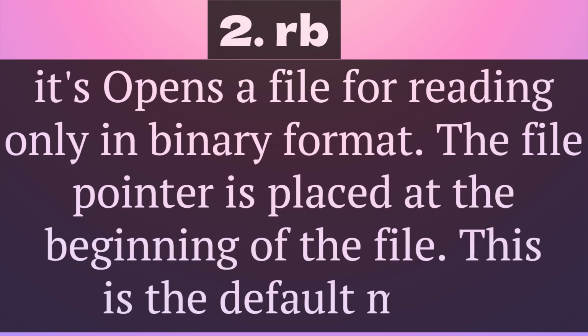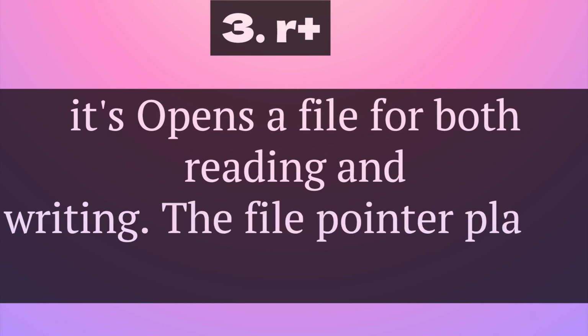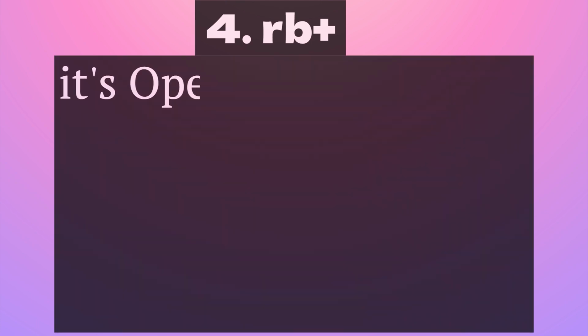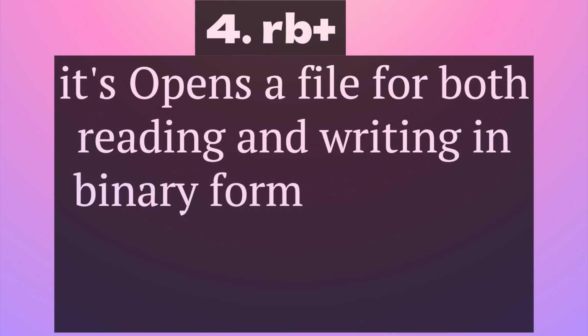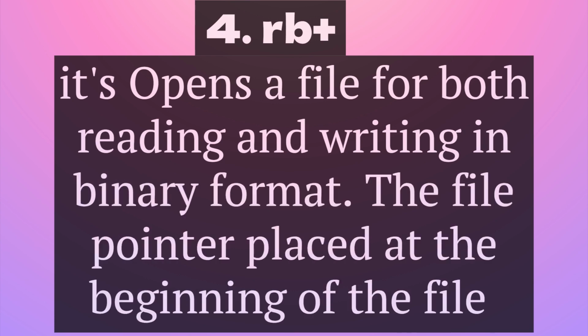This is the default mode. 3. r+. It opens a file for both reading and writing. The file pointer is placed at the beginning of the file. 4. rb+. It opens a file for both reading and writing in binary format. The file pointer is placed at the beginning of the file.